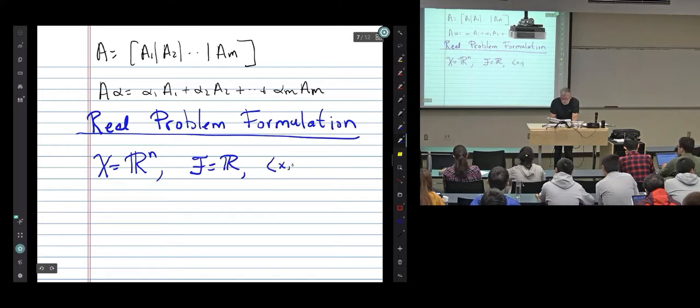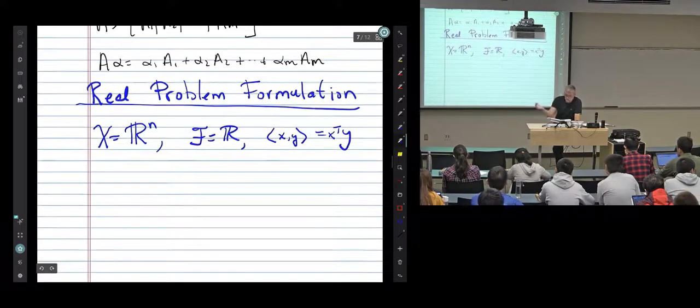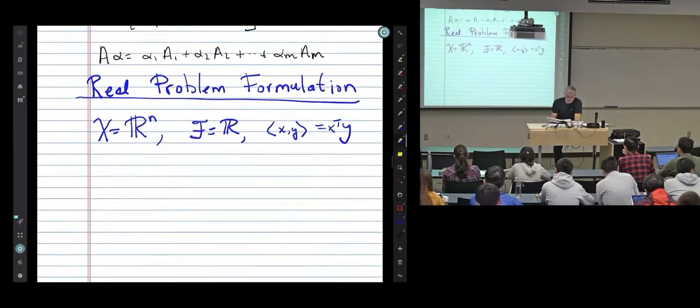The inner product of two vectors here will just be X transpose Y, so the induced 2 norm is the Euclidean norm.